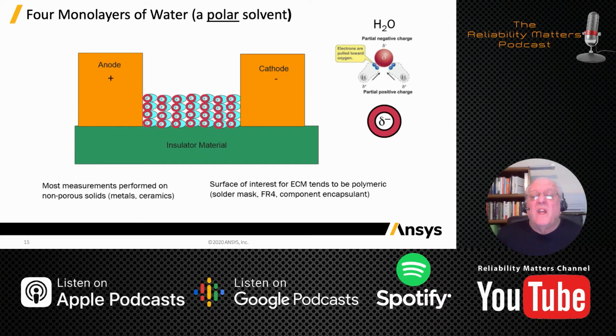So even if you have what you think to be a dry situation, when you get down and look at it microscopically, you've actually got liquid water on the surface of that board. So you can have a situation where electrochemical migration is taking place or leakage paths are being formed.